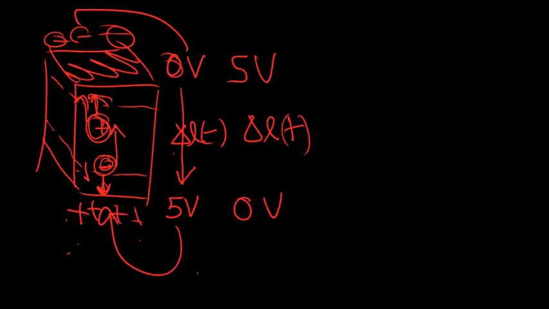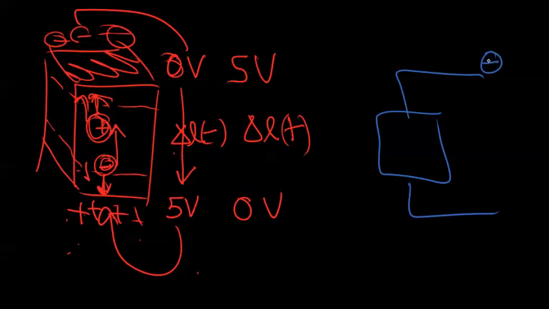And similarly, let's just draw it in a 2D picture. Let's say we have a positive applied voltage, this is 5 volts, and this could be 0 volts. It doesn't have to be negative, this has to be relatively lower. We say the spontaneous polarization direction is this way. That means we have a positive charge here, negative charge here. Negative charges want to move to the positive side, positive charges want to move to the negative side.